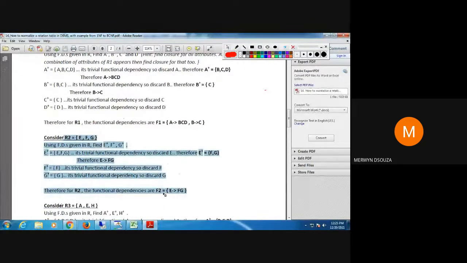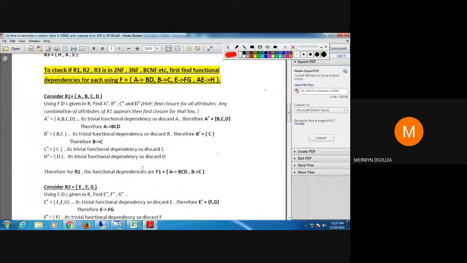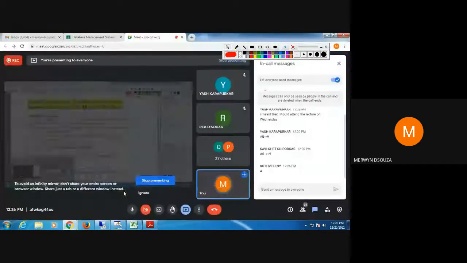This is your R2 here and this is your F2 here. Find the new candidate key for R2 using F2. First, find out the candidate key for R1 using F1. Can you quickly find out and tell me the answer?